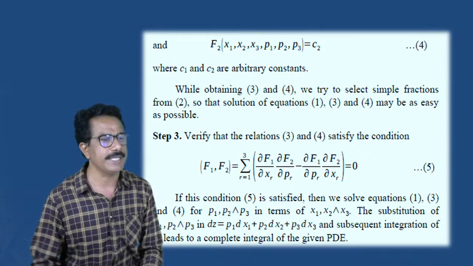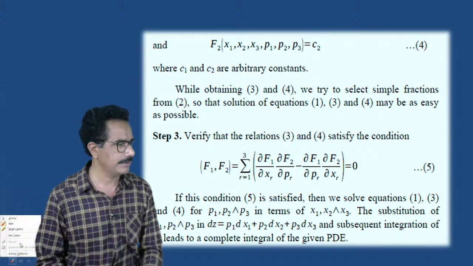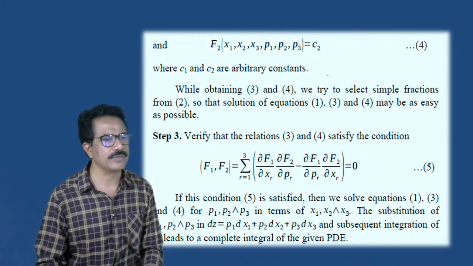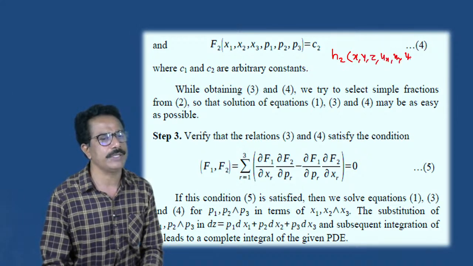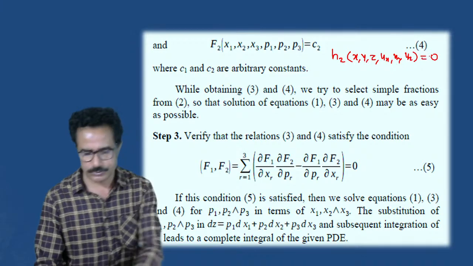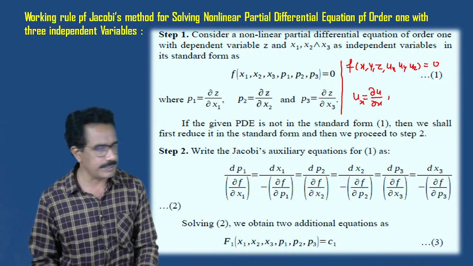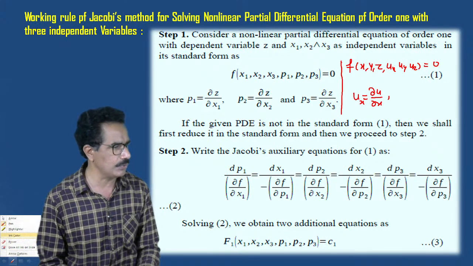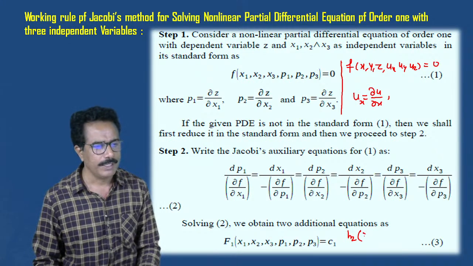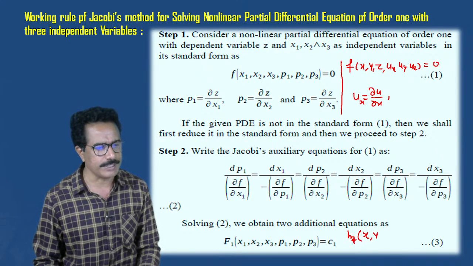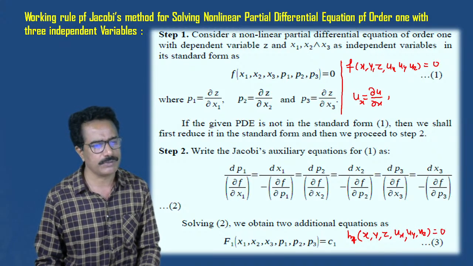This is also written as h2, in general h2 of x, y, z, ux, uy, uz which is equal to 0. So we have to introduce the second function, that is h2 of x, h1, see this h1 x, y, z, ux, uy, uz, which is equal to 0.